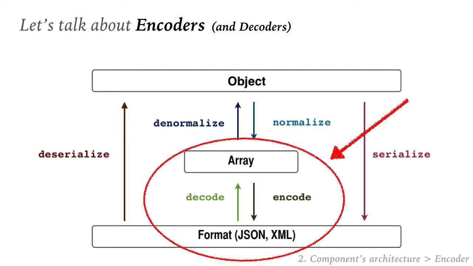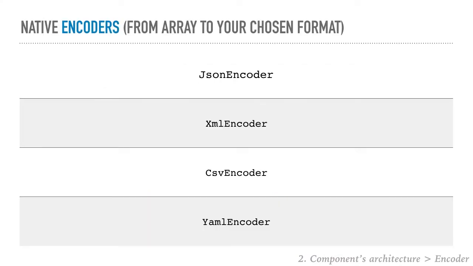Now it's about encoding things. So going from array to the string formatted or the string formatted to array. So we have some native encoders, and I'm sure that most of the time you will use at least the first two if you are developing REST APIs.